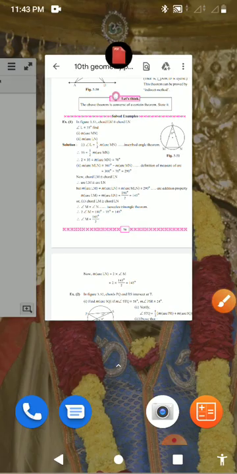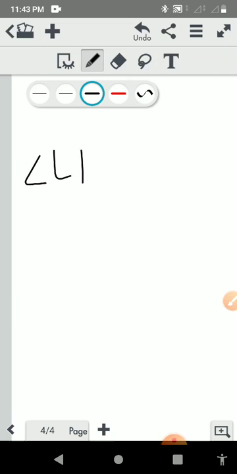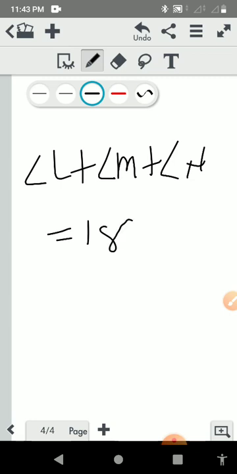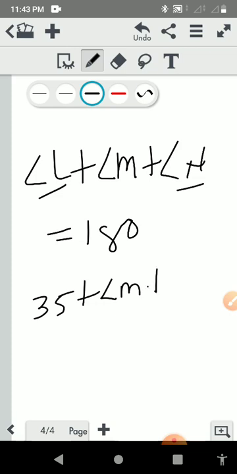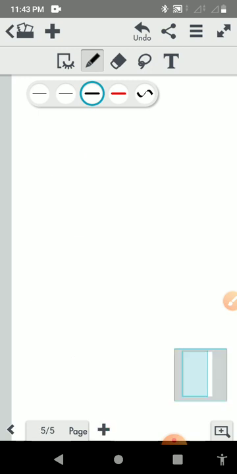We can write here angle L plus angle M plus angle N, which is 180 degrees. And L is given, and I can write angle M as angle N. So this is 35 plus angle M plus angle M, because M and N are equal, which equals 180. So 2 times angle M is 180 minus 35.